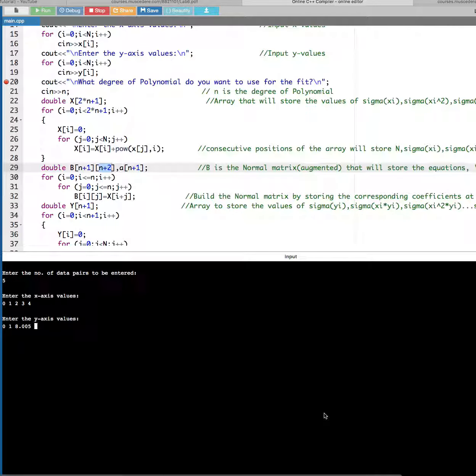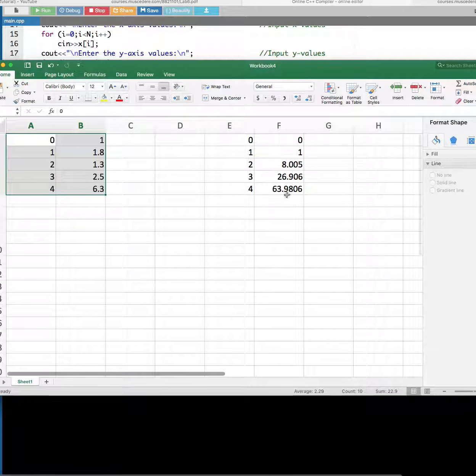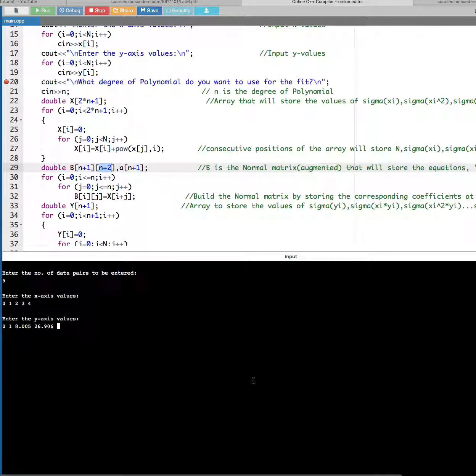After that we have 26.906, and after that we have 63.9806.